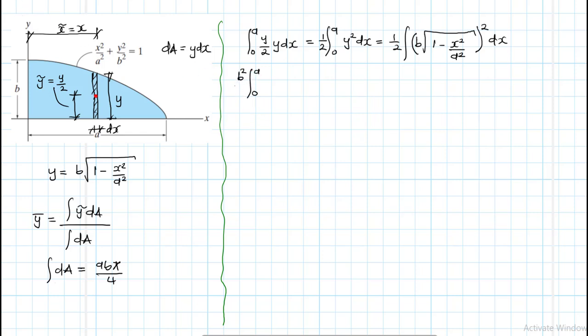So this is b squared divided by 2, and then we have 1 minus x squared divided by a squared dx.